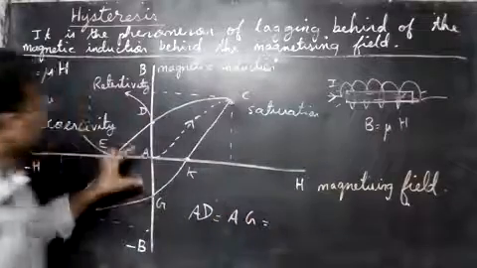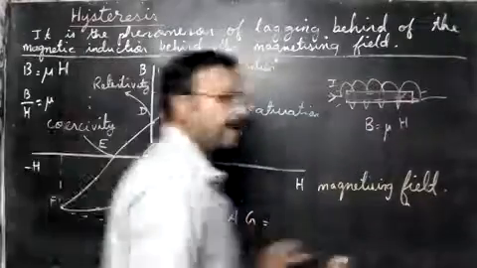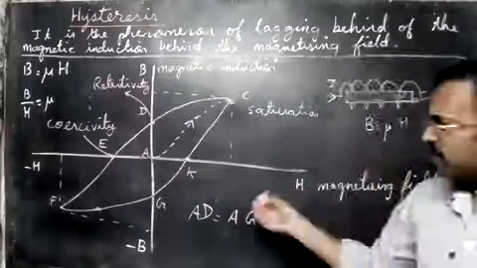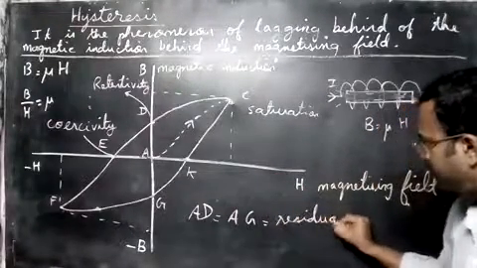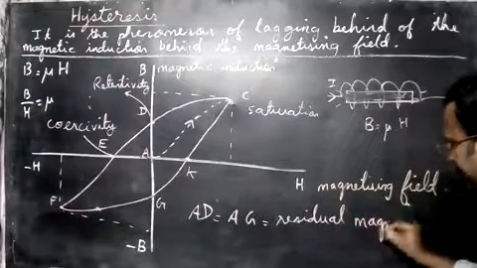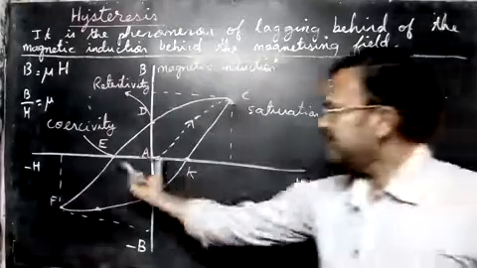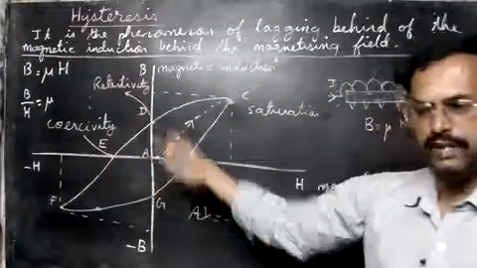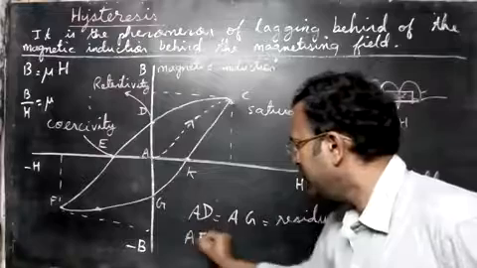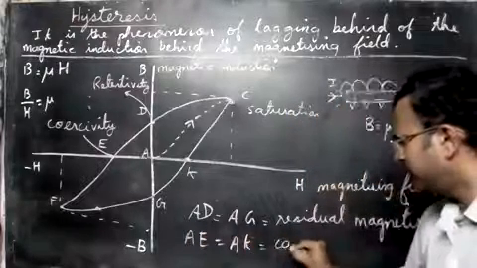This distance we say is the retentivity or residual magnetism, the magnetism which is stored after taking out the magnetizing field. So this is called the residual magnetism. Then this distance AE will be equal to AK. That's called coercivity. So AE is equal to AK, that's also called coercivity.